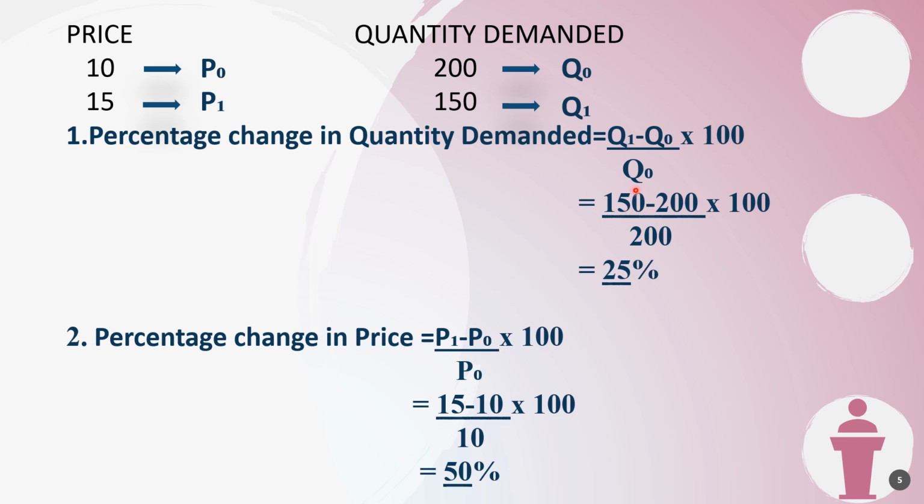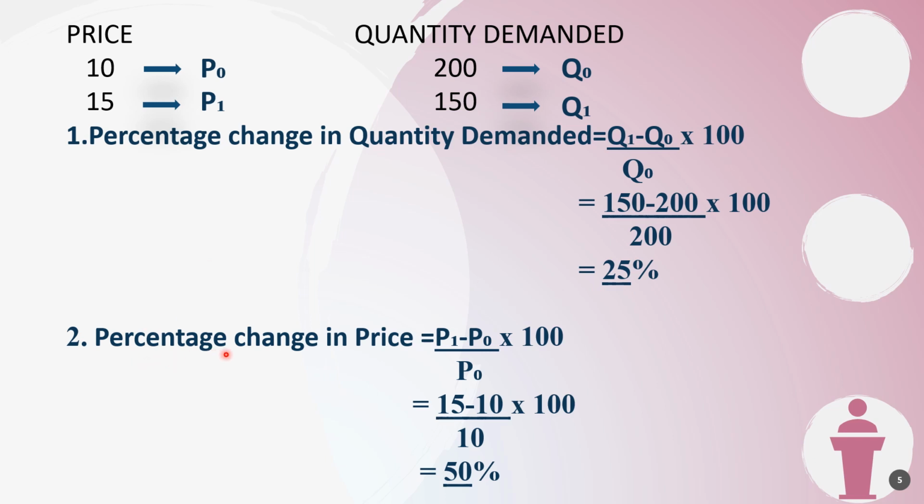I've put 150, which is Q1, we got it from here, minus 200, which is the original quantity demanded, divided by Q0, that is 200, multiplied by 100. So here we will get 50 divided by 200 multiplied by 100. When we cancel the zeros, we divide 50 by 2 and we get 25.